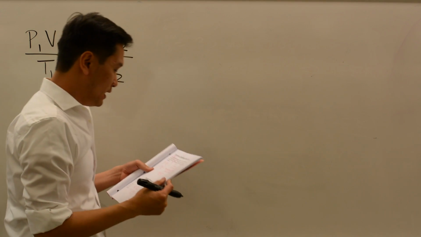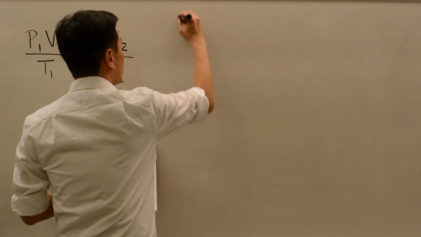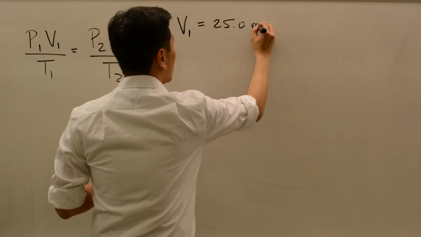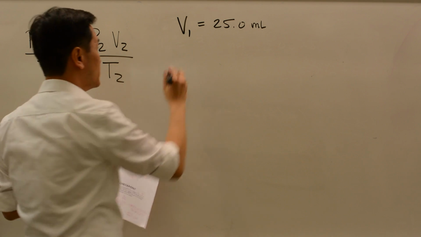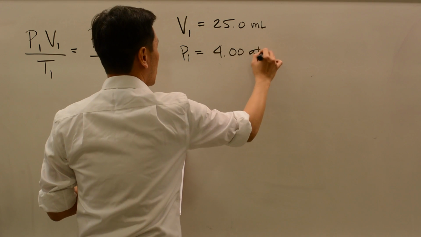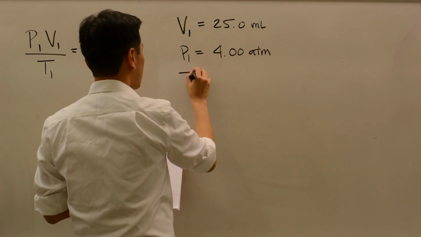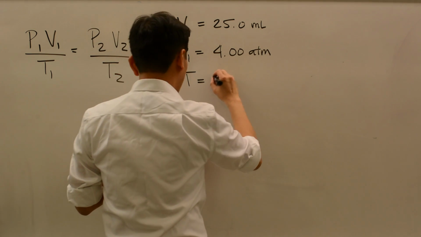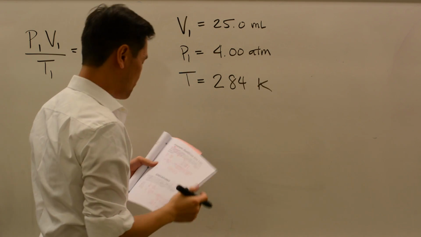So let's read it. It says a 25 ml bubble. So we know that V1 is 25 ml. And it is at 4 atmospheres, so we know that the pressure is 4 atmospheres. And we know that temperature is 11 degrees Celsius, which is 284 kelvins, right?